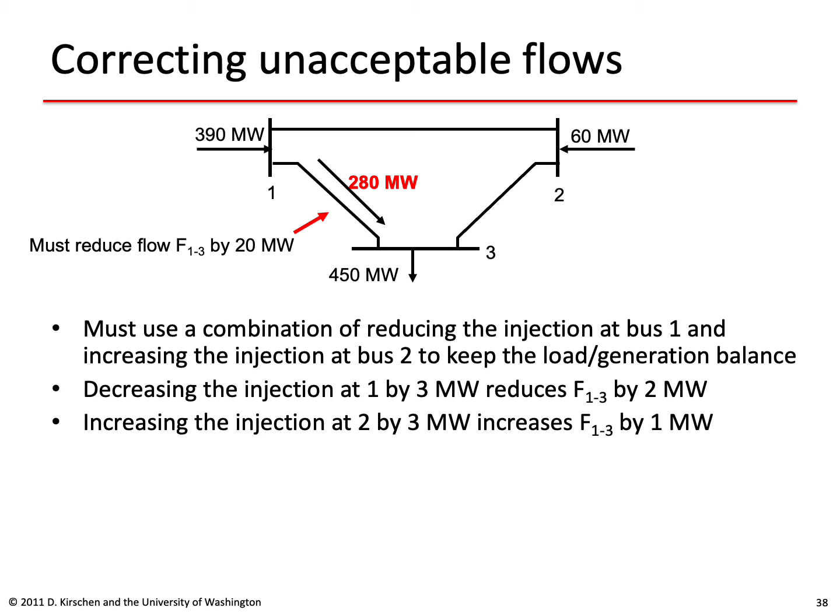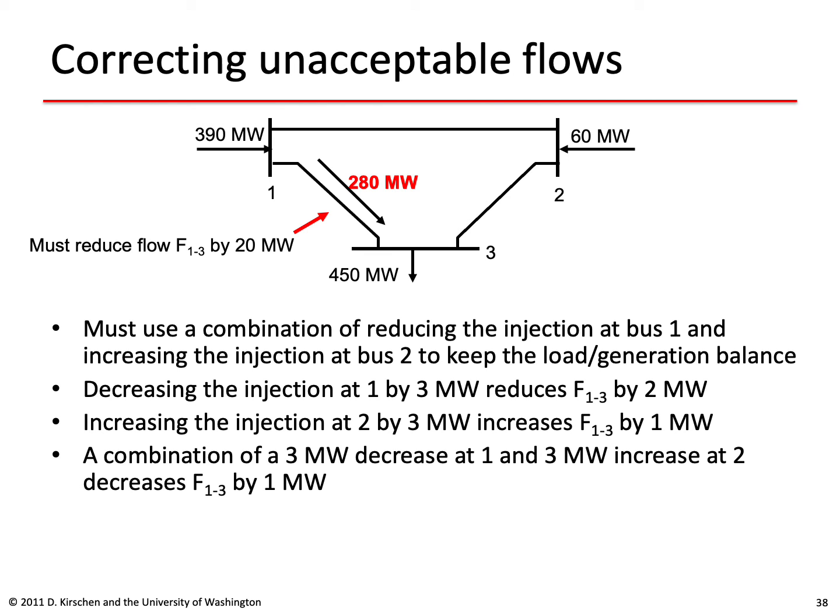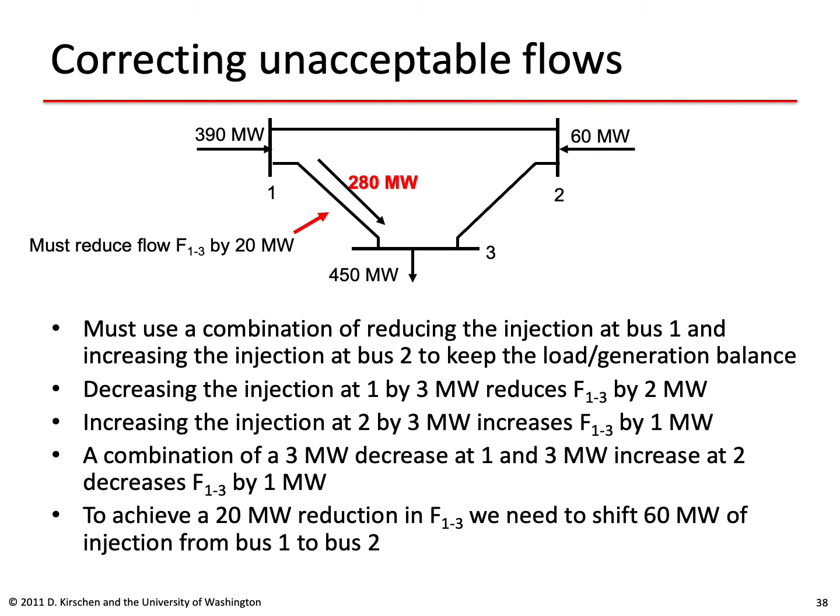Well, one of these megawatts is going to flow on line 1, 3, and the other 2 are going to flow in line 2, 3. So a combination of decreasing the injection at bus 1 by 3 megawatts and increasing the injection at bus 2 by 3 megawatts is going to decrease the flow in line 1, 3 by 1 megawatt. So if we want to achieve a 20 megawatt reduction in the flow on line 1, 3, we need to shift 60 megawatts of injection from bus 1 to bus 2.